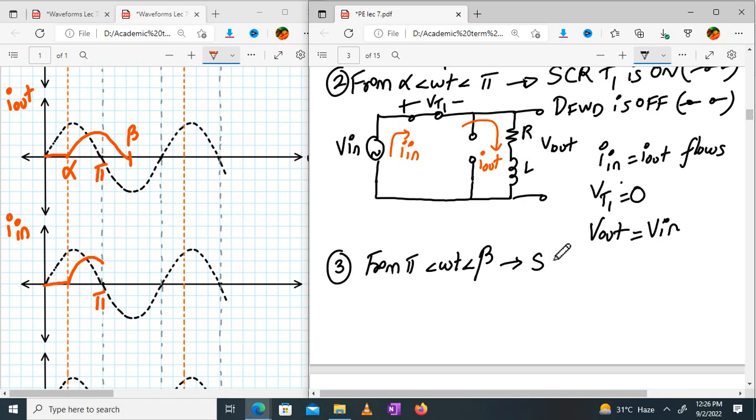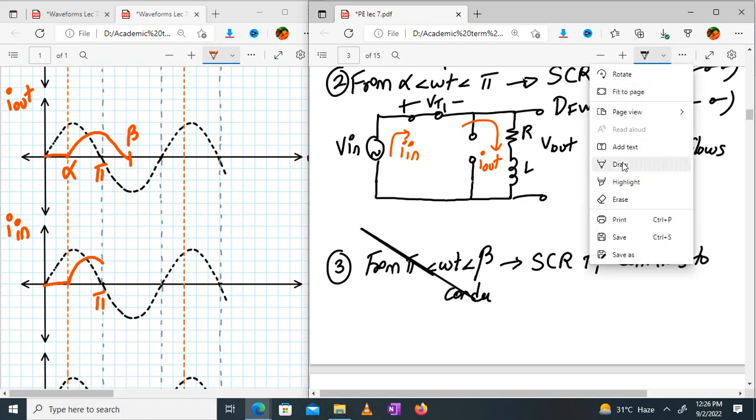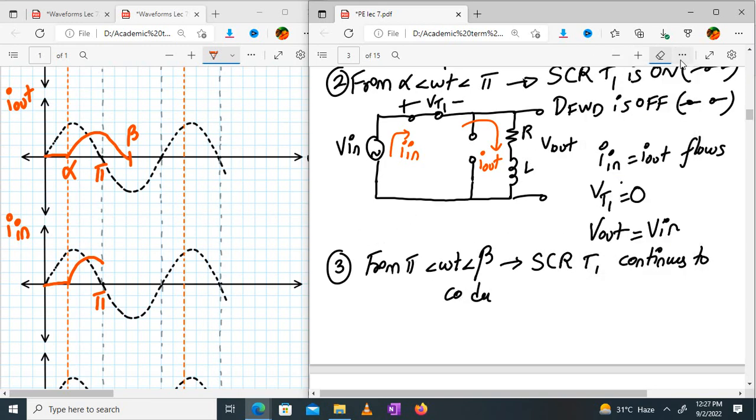So SCR T1 continues to conduct till omega t equal to beta. What is the reason? Because the inductor was storing the energy, now it is releasing that energy during this period.